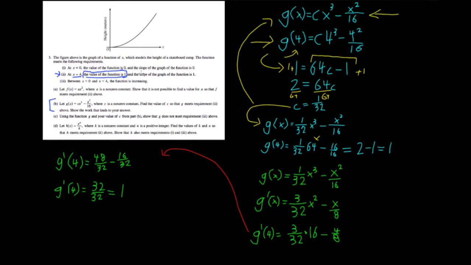So now we need to move on and show that the slope of the graph of the function is 1 when x is equal to 4. So in order to do that, we're going to rewrite the now modified version where we have c in the function, and we're going to take the derivative of this to find the slope at any given point.